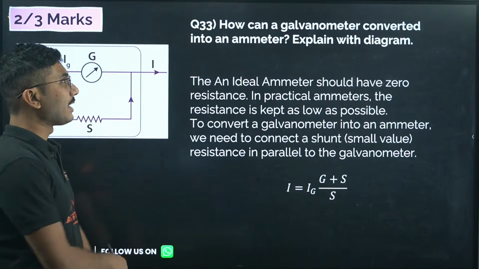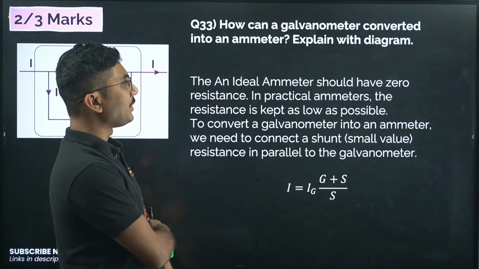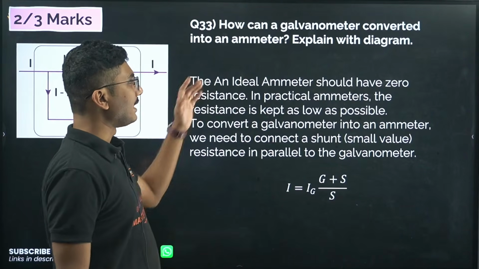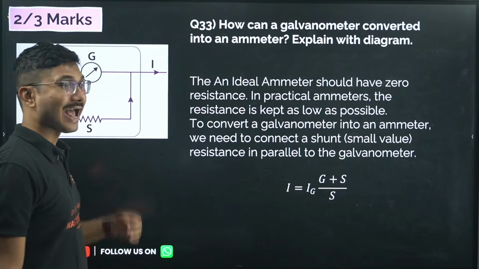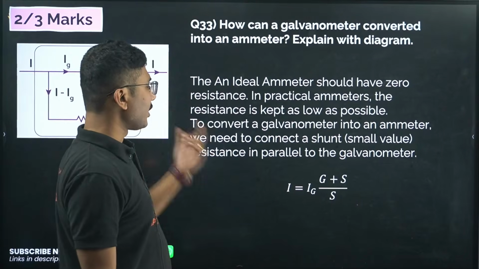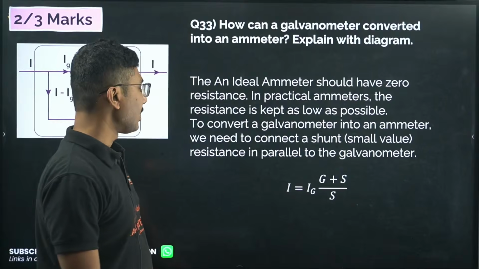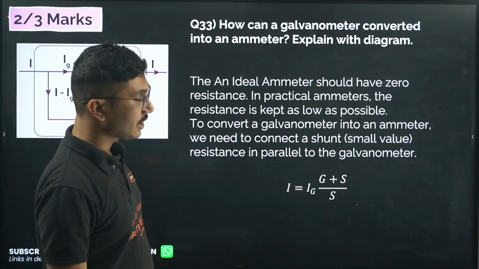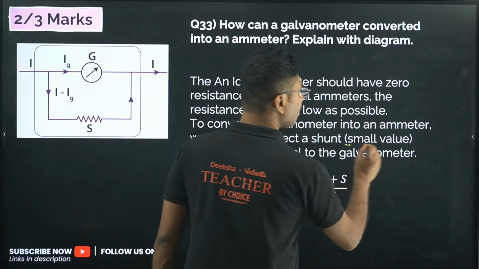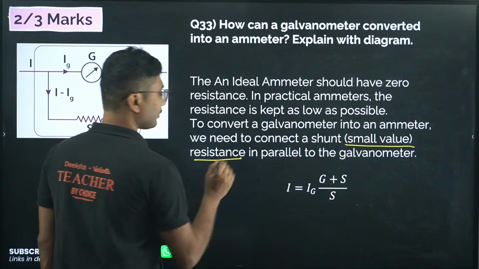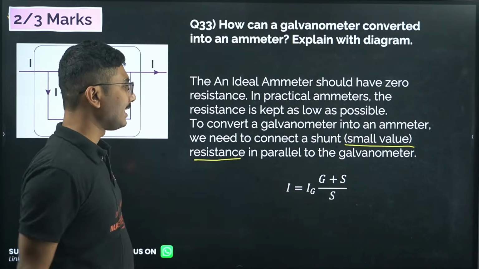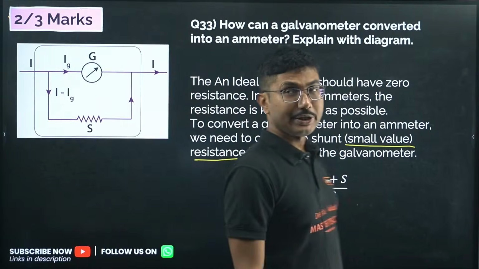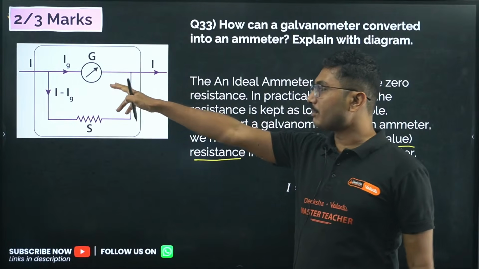Next, how can a galvanometer be converted into an ammeter? Explain with the diagram. An ideal ammeter should have zero resistance. In practical ammeters, the resistance is kept as low as possible. To convert a galvanometer into an ammeter, we need to connect a shunt, or shunt means small value resistance, in parallel to the galvanometer, and this diagram is again compulsory.